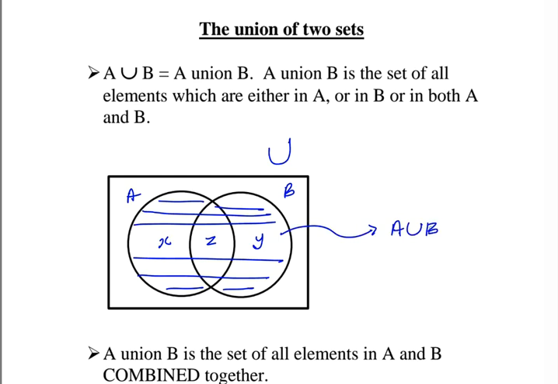And I'm guessing everything that is not A union B would be A union B complement. But as we learned from the previous video, this section is also A complement intersect B complement, which you could interpret as being not in A and not in B. All right, let's go a little further.